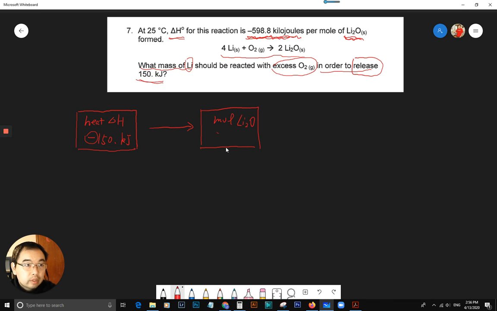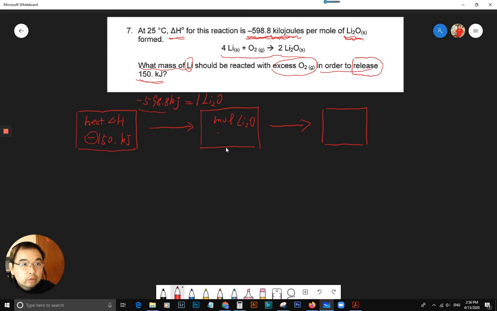So here that means if we have a negative 598.8 kilojoule of the heat and is about like a one mole of lithium oxide can produce. Okay, if we form 1 mole of the lithium oxide, we can produce that much of heat. Okay, this is relationship.